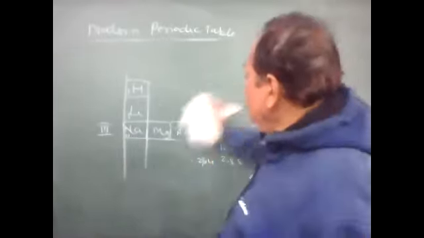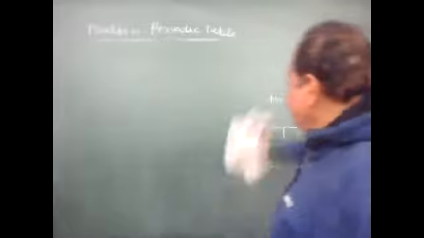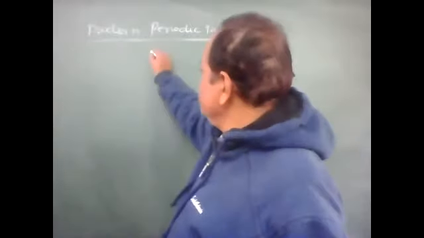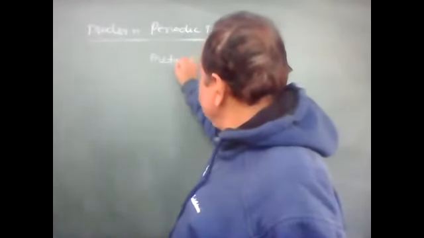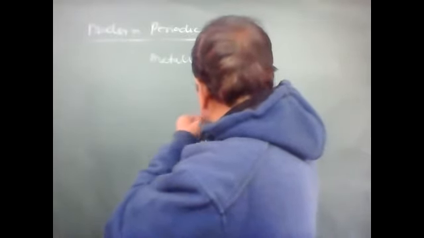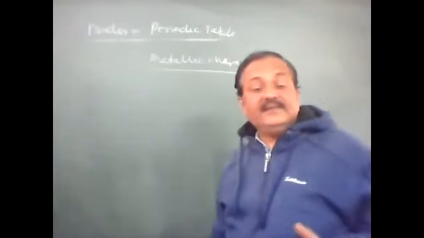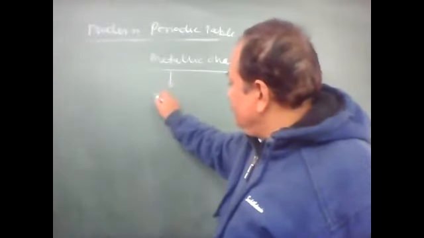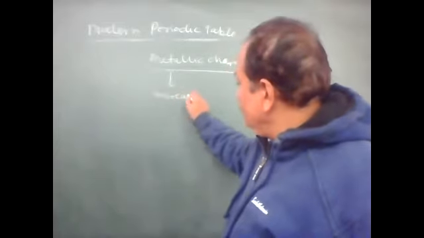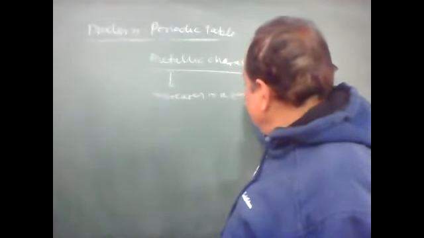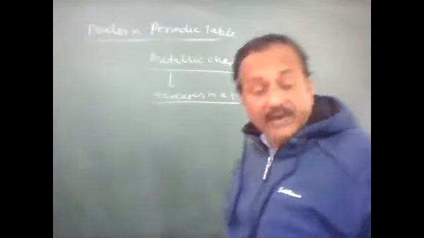Now coming to the other points, the metallic character. Metallic character on moving from top to bottom increases in a group. Why?